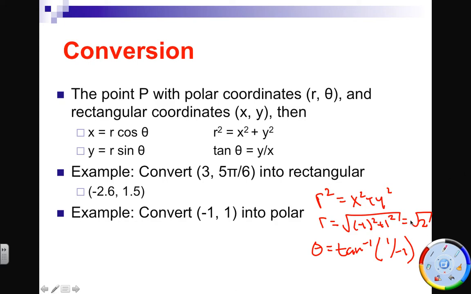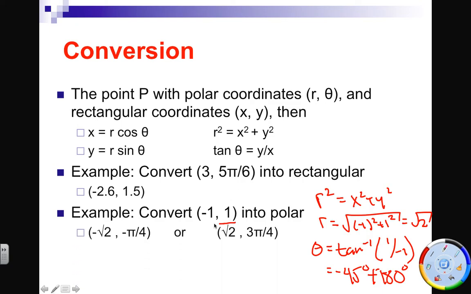Here you just have to pay attention. Tan inverse of negative 1 is going to give you on your calculator negative 45 degrees. However, this coordinate is in quadrant 2, where this angle is in quadrant 4. So I need to add 180. So adding 180, I get 135 degrees, or 3 pi fourths.